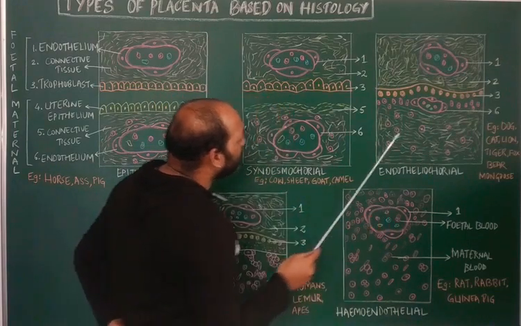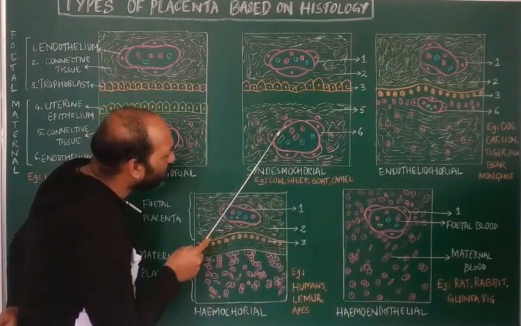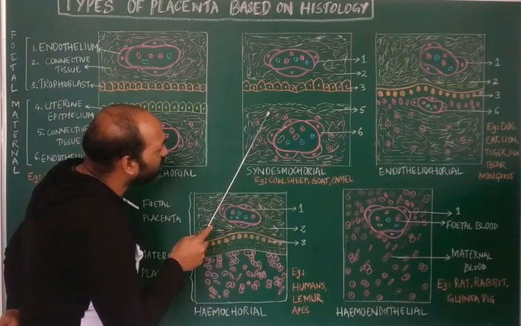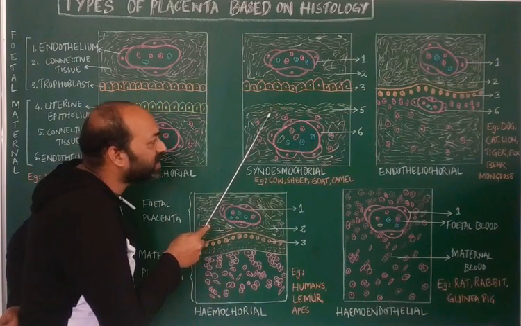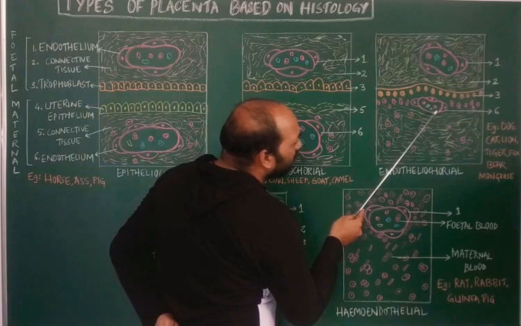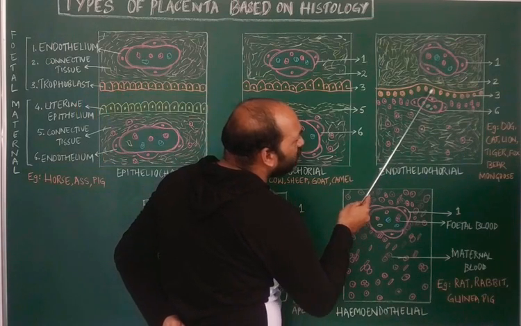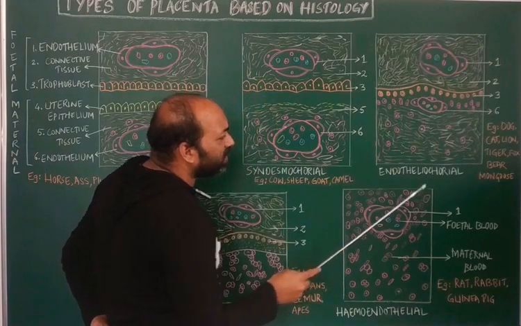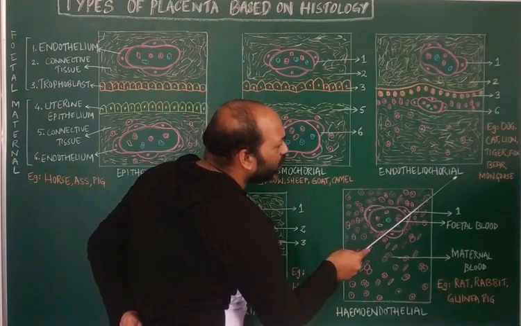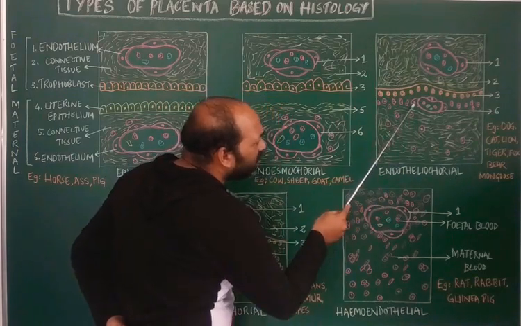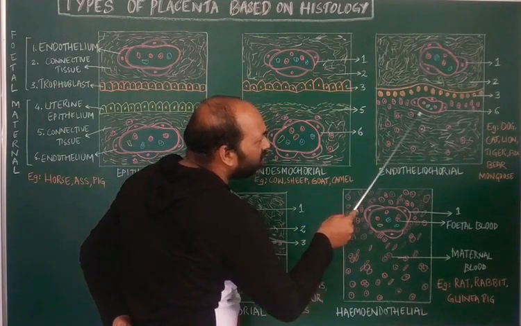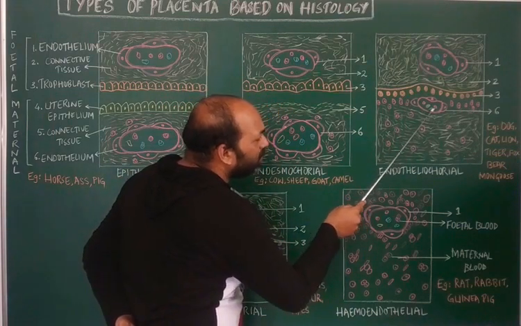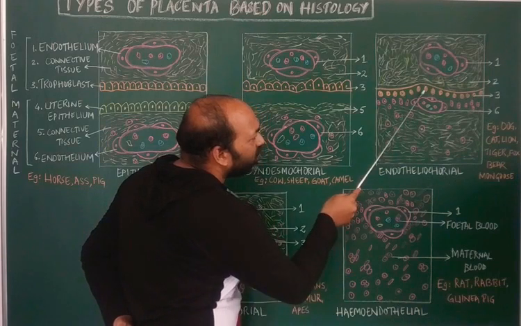But what is the difference here? You can see the endothelium is present inside the connective tissue, but here the endothelium is very close to the chorion. That is why the name is Endothelial Chorial, where the endothelium is part of the maternal part, and this maternal part comes very close to the chorion.